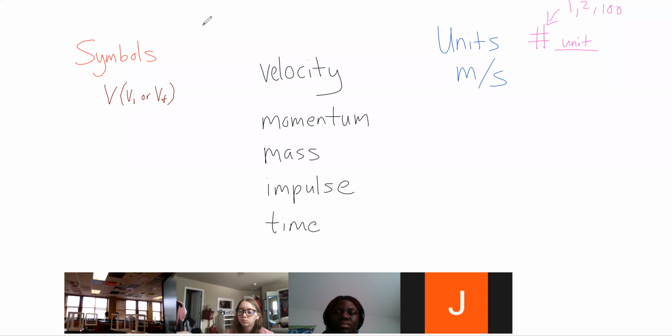All right, let's see. Aurelia, do you want to give me any of these? Mass is just M, isn't it? Okay, now do you want me to put that under symbol or under unit? Unit. The unit for mass, so it's going to be like 45 M. Mm-hmm.